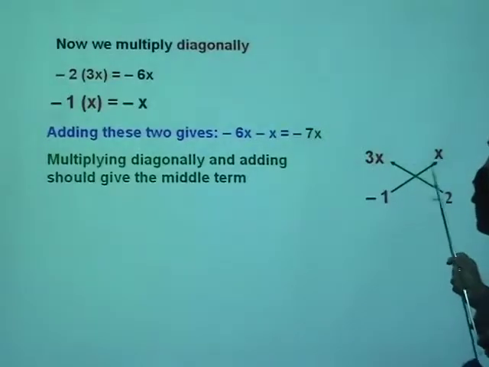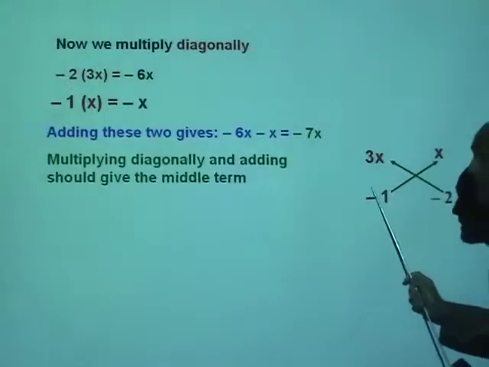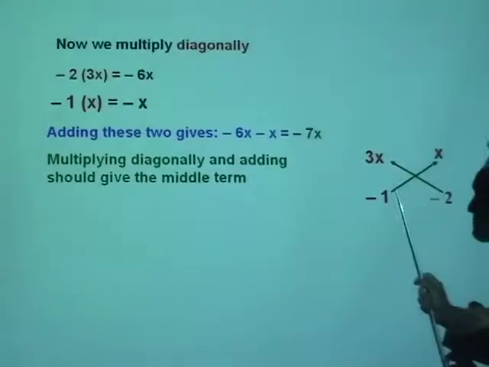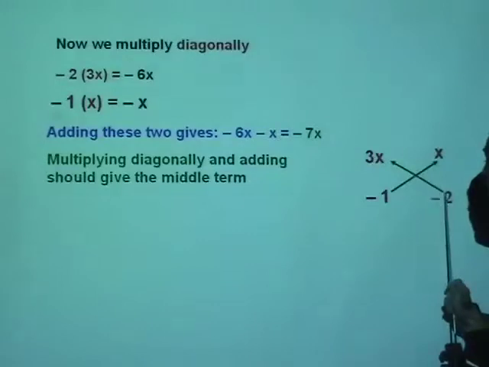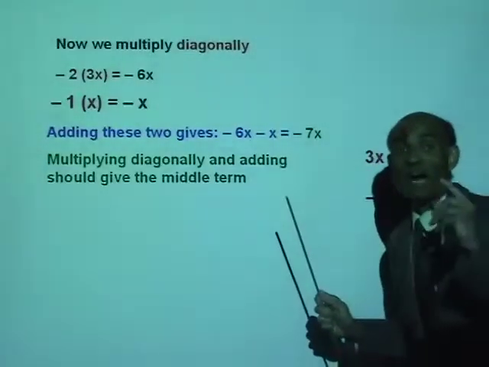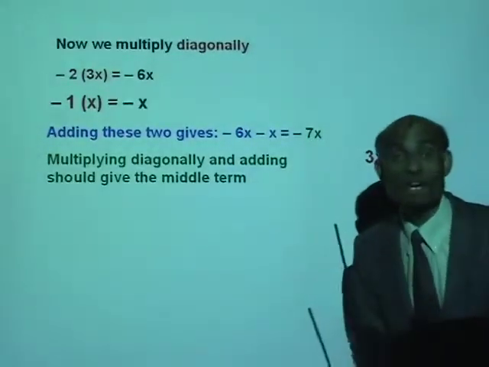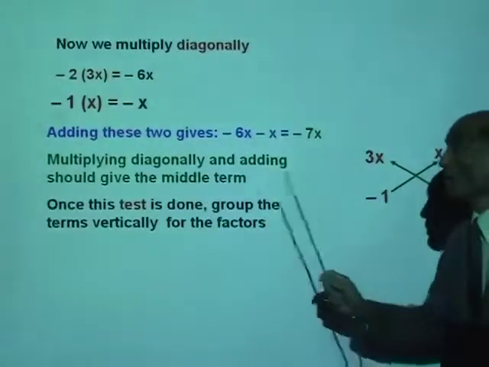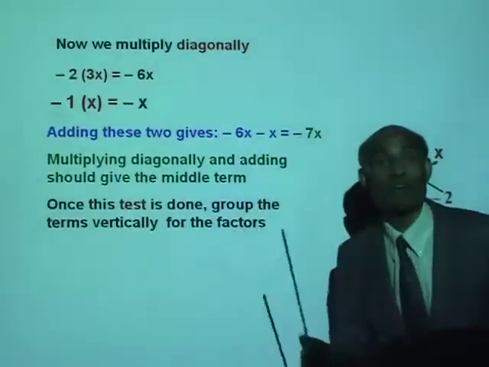After factoring the first term and writing the factors side by side, and then after factoring the last term and writing them also side by side below the factors of the first term, multiply diagonally and add. That must give you the middle term. Now, once you get that, these are written in the proper form. Once the test is done, group the terms vertically for the factors.